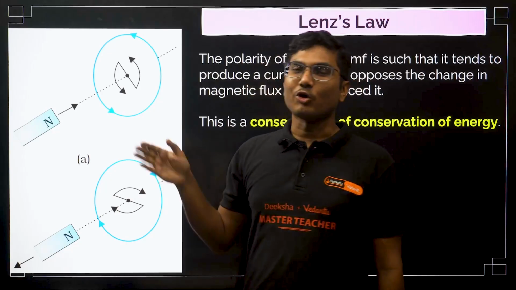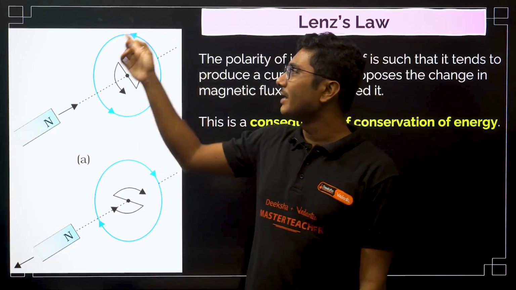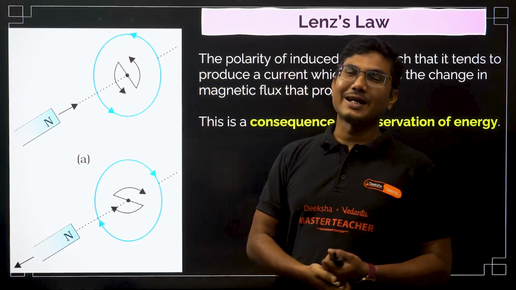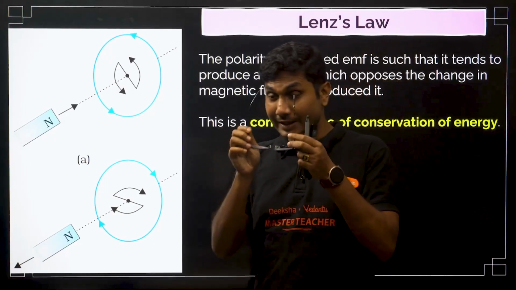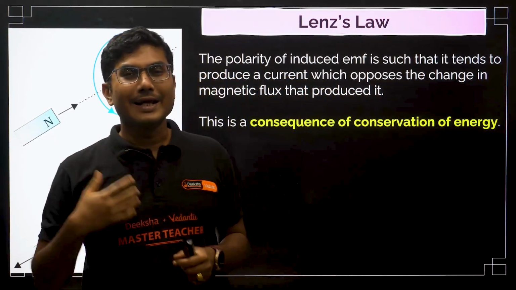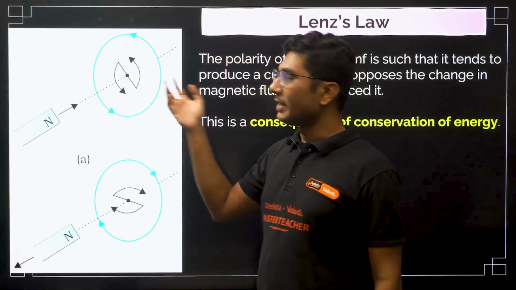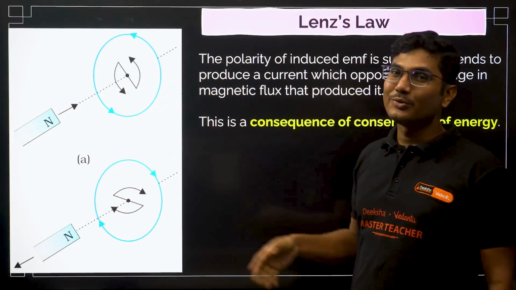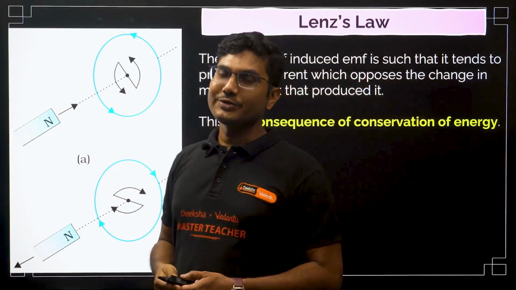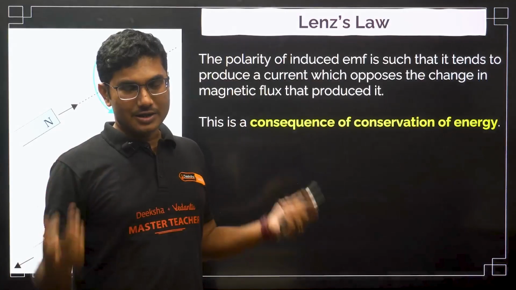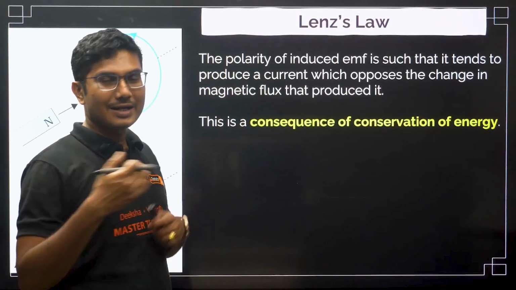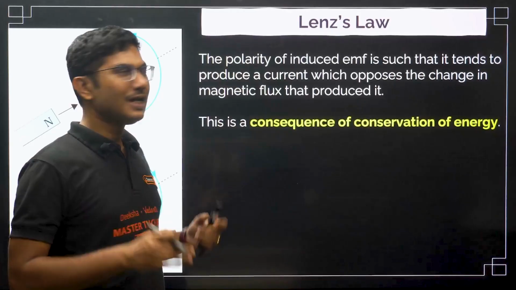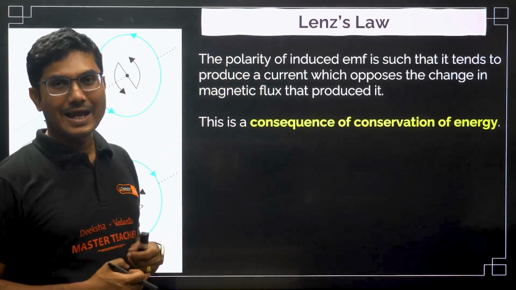So there will be automatic motion, and you will get electric current out of nothing. You just initially push it, and then you keep getting current again and again, which is not possible. You would be getting electricity without doing any work, which is not possible as per conservation of energy. That's why, to preserve conservation of energy, Lenz's law is always acting.